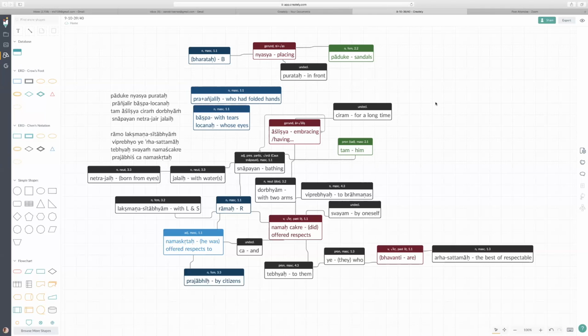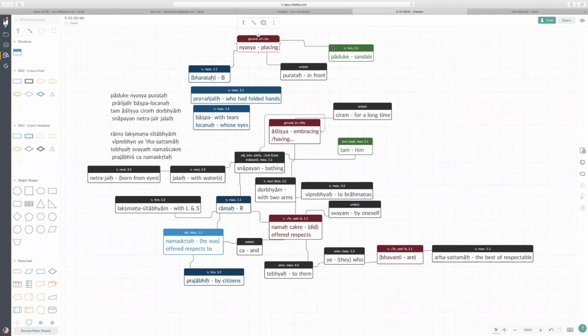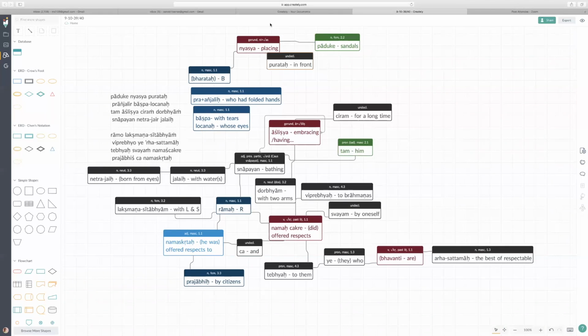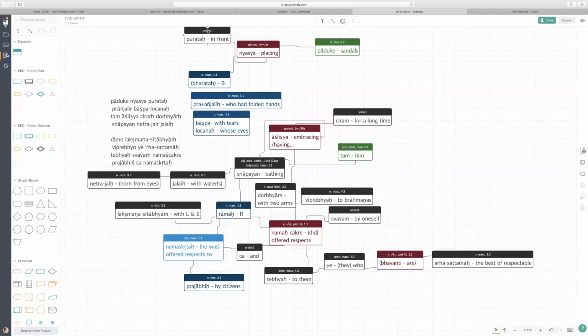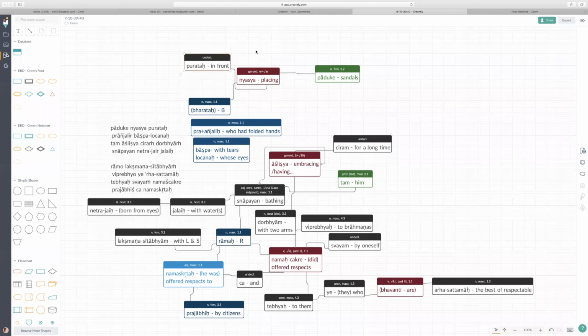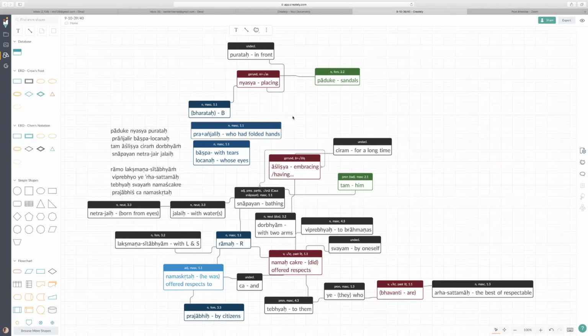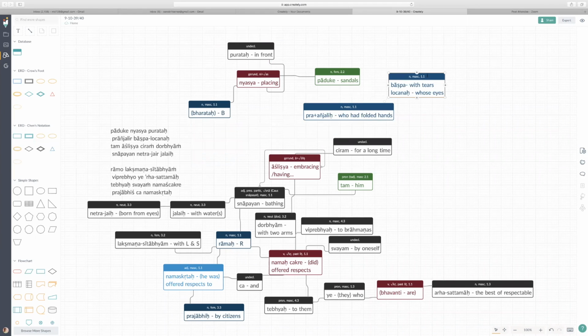It should be from the previous verse, Rama. Maybe that might be possible, but another thing which is kind of easier here, I think, is to just supply a verb, just as we did here. They are the best of respectable.